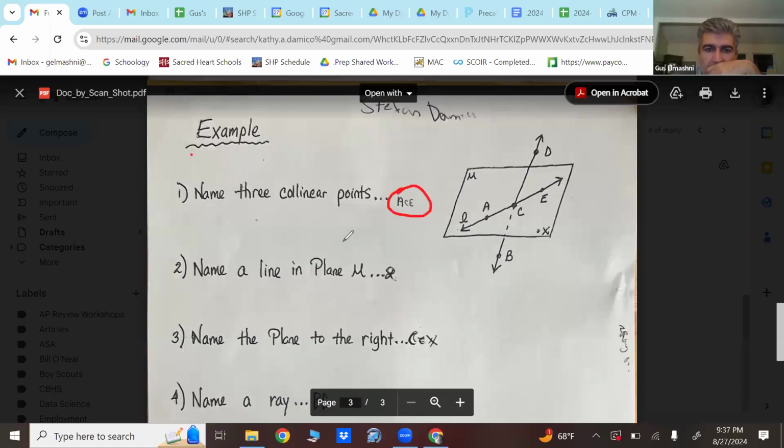Okay. That works. Line L. That works. Okay. Good.